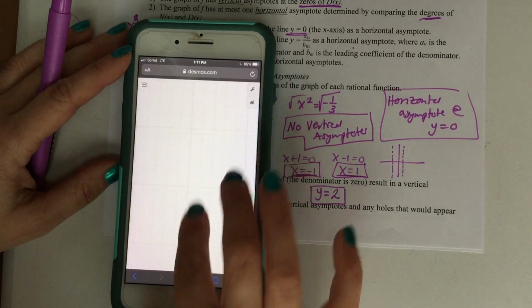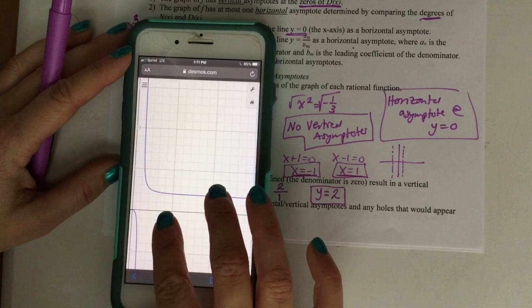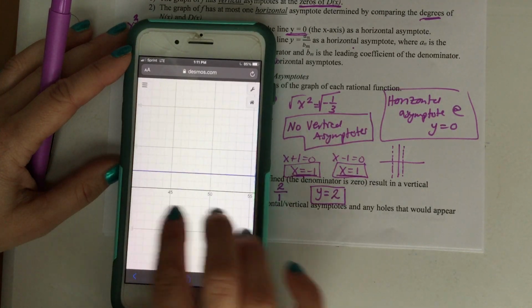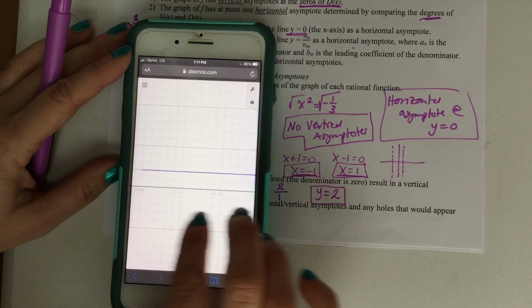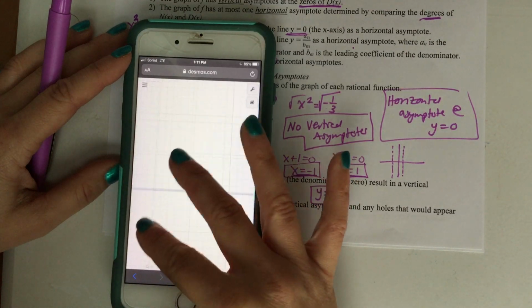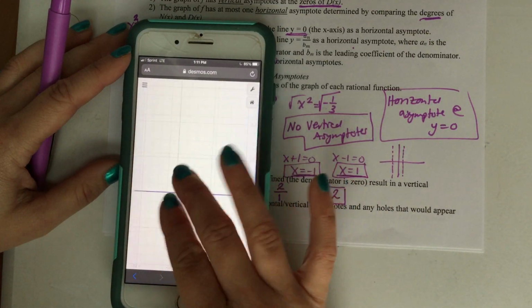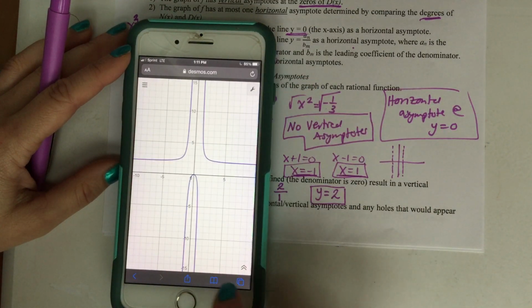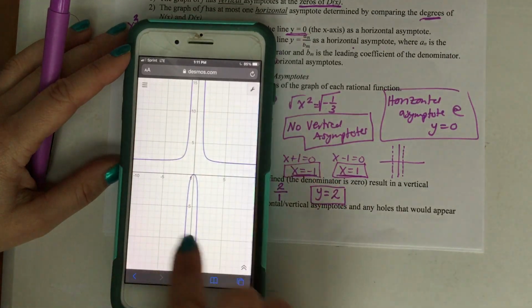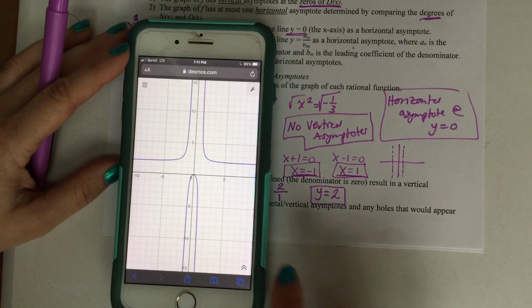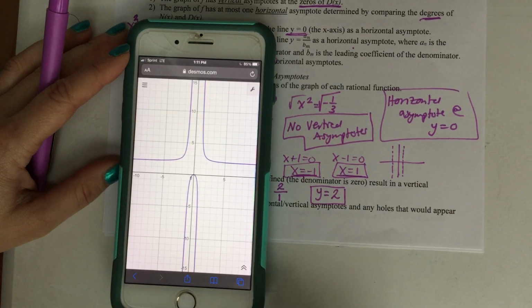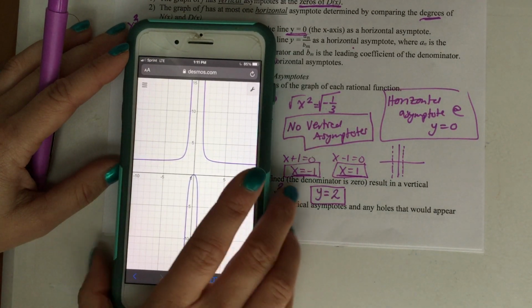So here it looks like it's at 2, but it's not. Notice it's a little bit higher. As I go all the way to the right and all the way to the left, you'll notice that it's getting closer and closer to 2, but it doesn't actually touch it when you zoom in. So this was a good way to check. Negative 1, positive 1, we have those vertical asymptotes where it shoots up to positive and negative infinity. All the way to the left, all the way to the right, we have our horizontal asymptote.